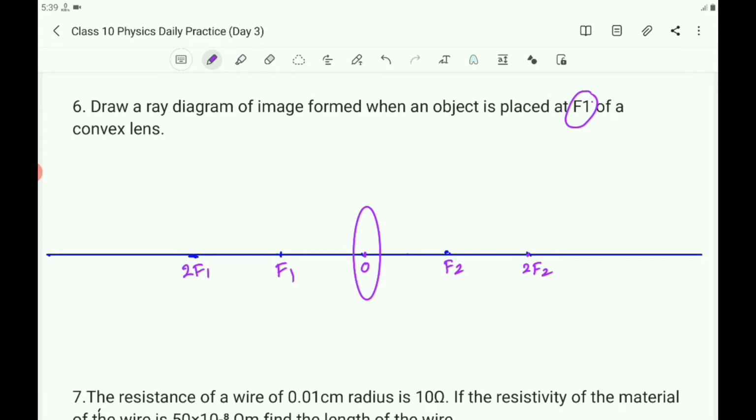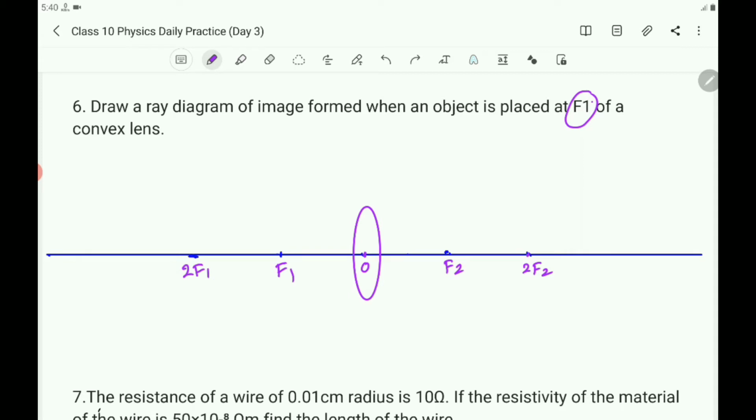But you must take all these 4 distances equal. Then only you get the ray diagram, because you know that F1 is the principal focus on one side of the lens, F2 is the principal focus on the other side, and 2F1 is the center of curvature of one side, 2F2 is the center of curvature of the other side.